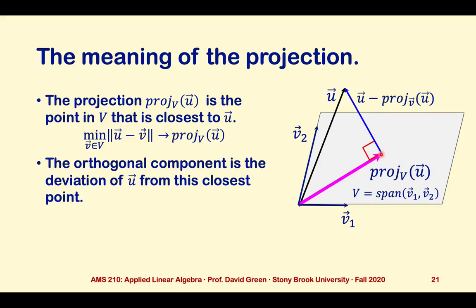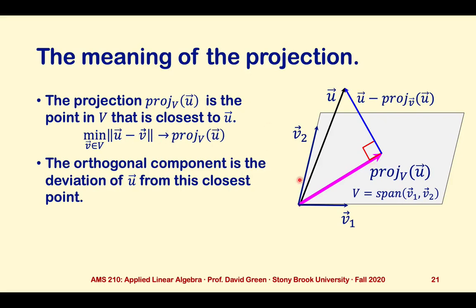If we try to move this around so that the triangle no longer makes a right angle here, this component will always get bigger. You can think about it as the shortest distance from a point to a plane: that shortest distance is always along the line that is orthogonal to the plane.